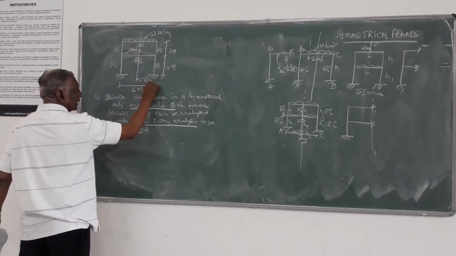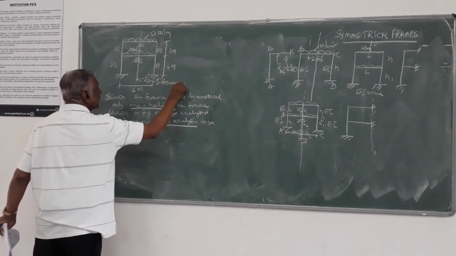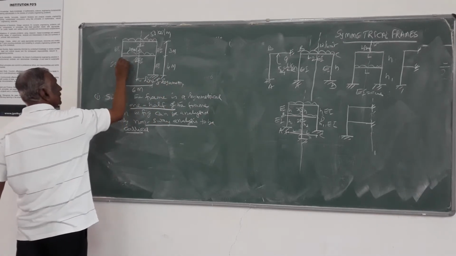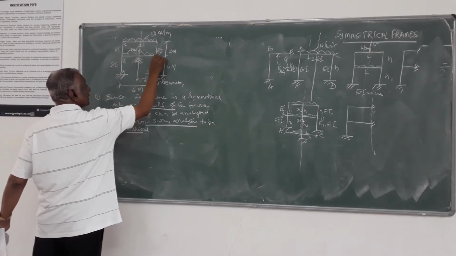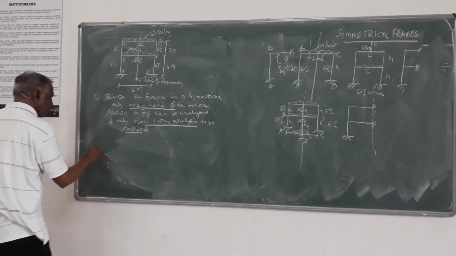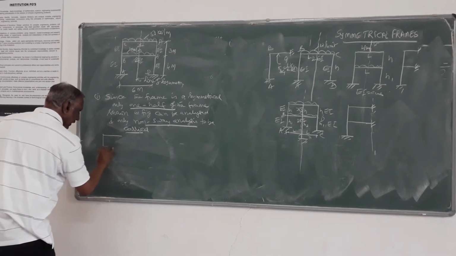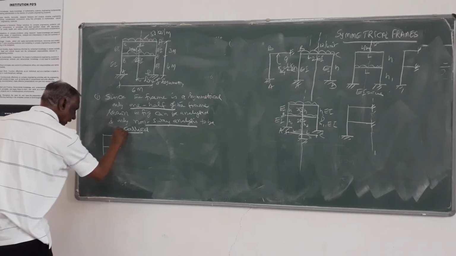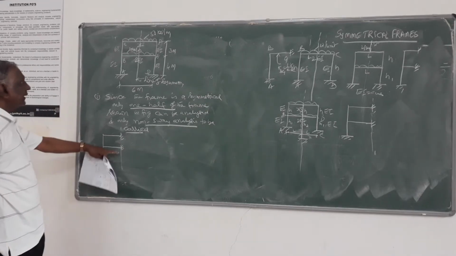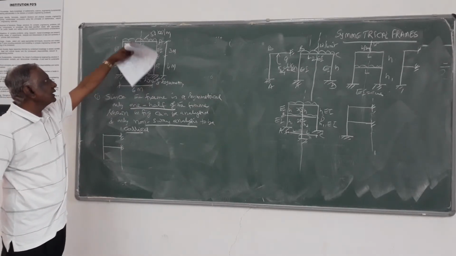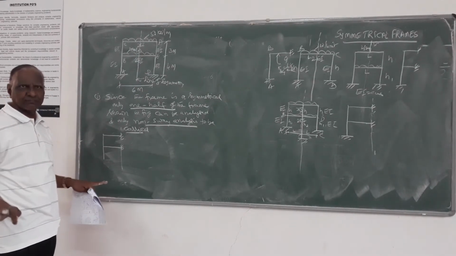This is the line of symmetry, and the line of symmetry cuts the members. So only one half of the frame about that symmetrical line, you can take. And the point at which the symmetrical line cuts these members, you can take as fixed always.